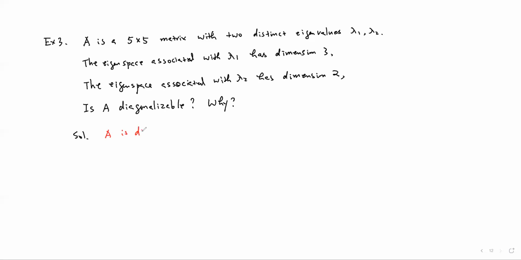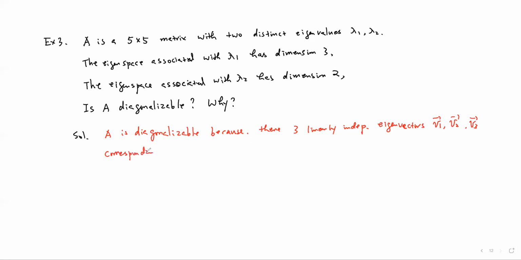A is diagonalizable because there are 3 linearly independent eigenvectors, say V1, V2, V3, corresponding to eigenvalue lambda 1, and there are 2 linearly independent eigenvectors, say U1, U2, corresponding to lambda 2.